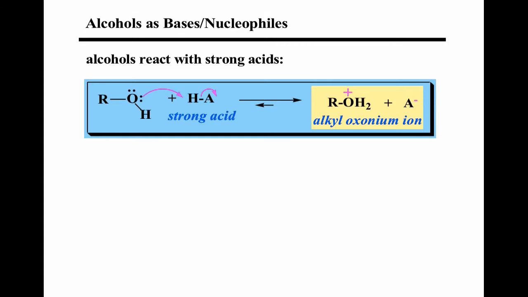What do we know? Do we favor the stronger acid or the weaker acid in a reaction? The weaker acid. So we're going from a strong acid to a weaker acid. And so we're going to favor the weaker acid pair. And so you can also think of it as going from a stronger base to a weaker base, right? So yeah, the equilibrium is going to lie to the right here.